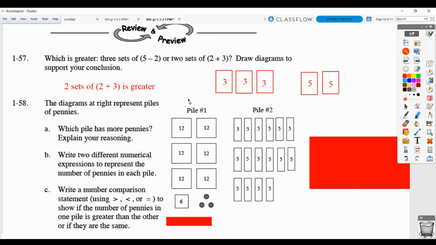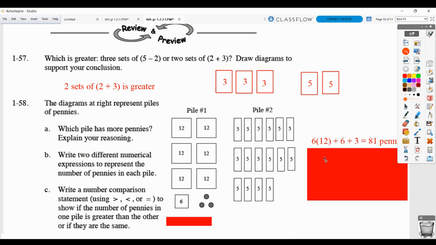Here they're giving you piles of pennies, and you have to figure out which pile is more, write numerical expressions, and then write it with an inequality or equal to sign. So pile 1 has 1, 2, 3, 4, 5, 6 groups of 12, plus 6 plus 3.